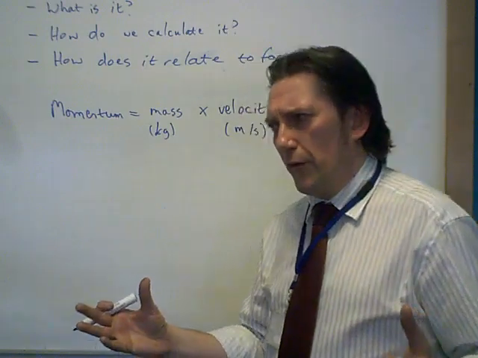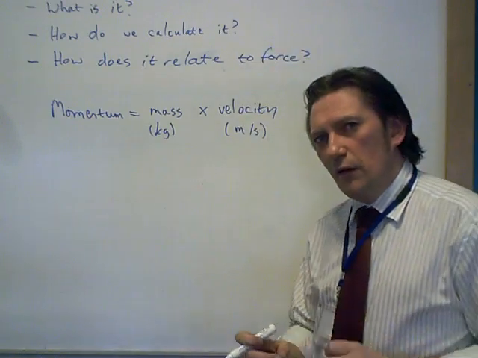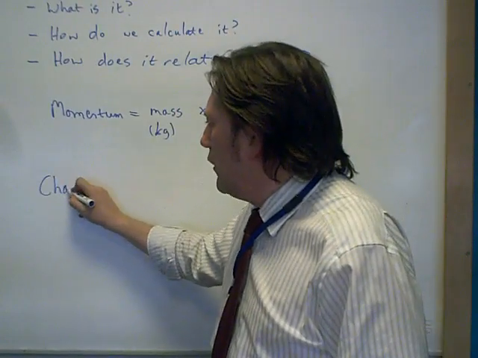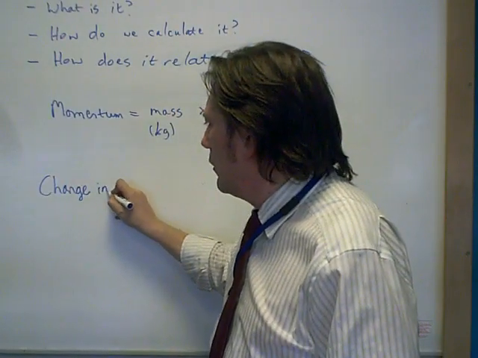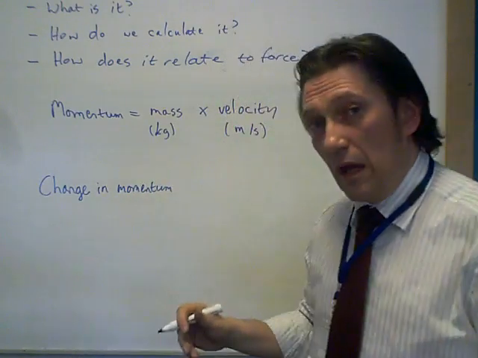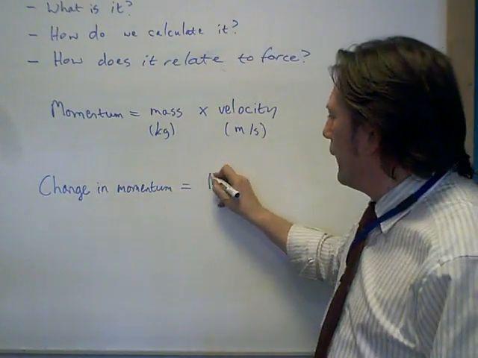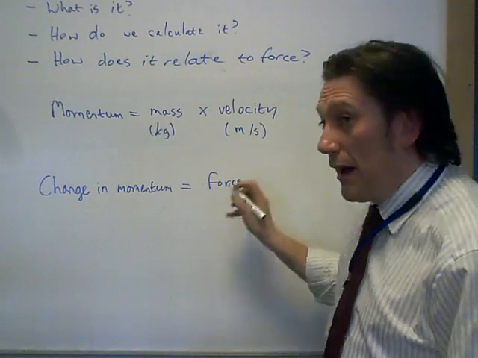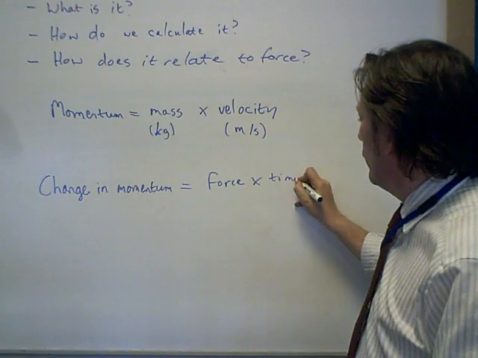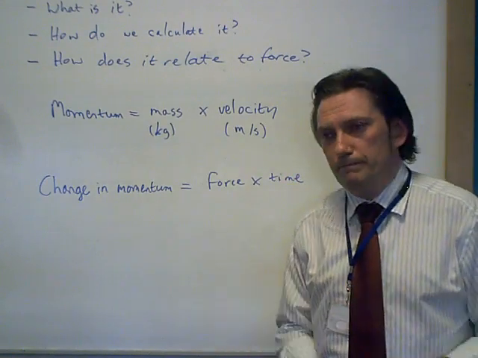But why should that make a difference? Well, the equation gives us a clue. In this equation, the change in momentum equals the force applied to make that change times the time that has to be applied for.